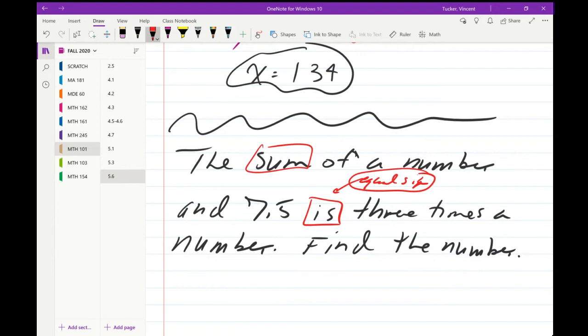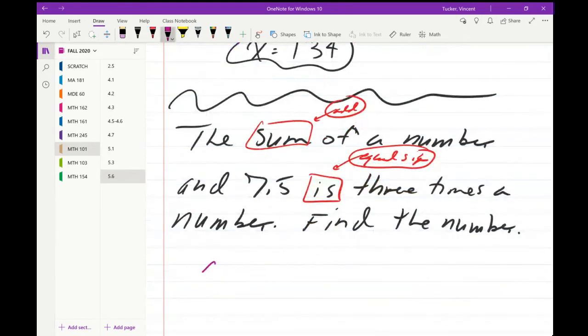Sum represents addition. So the sum of a number and 7.5 would be x plus 7.5. And like I said, is your equal sign. And then 3 times the number is just 3x.